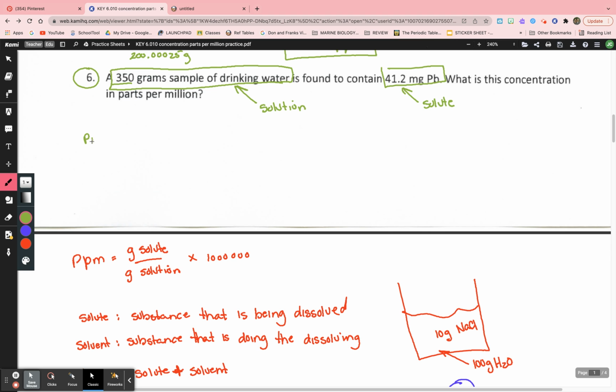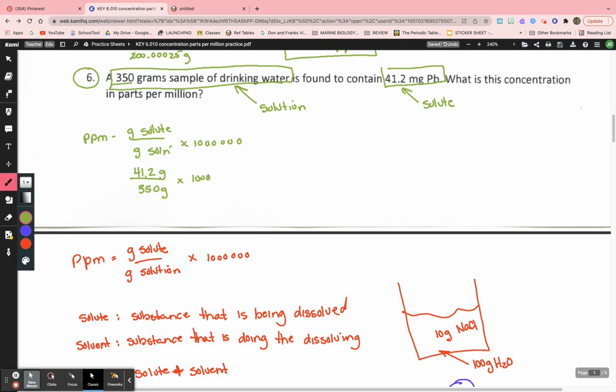So now, because the question asks for parts per million, we're going to do grams of solute over grams of solution times a million. When we put these in, we're going to end up with 41.2 of solute over 350 grams of solution. This is the solution. It is not the solvent.